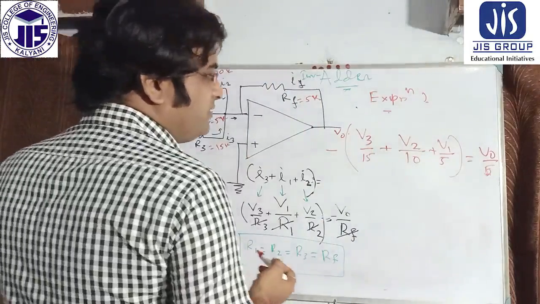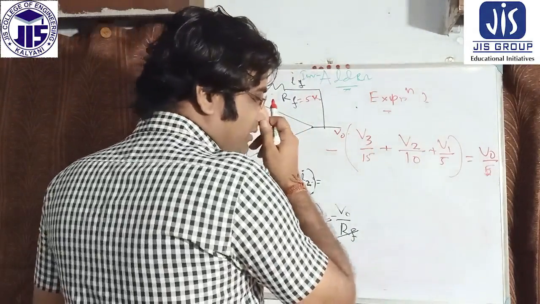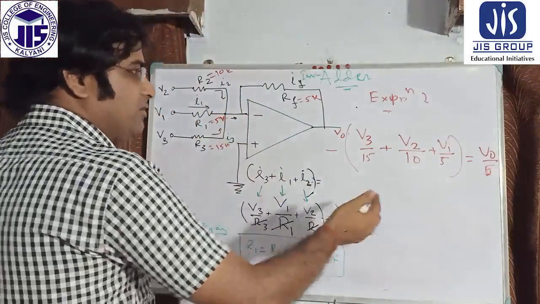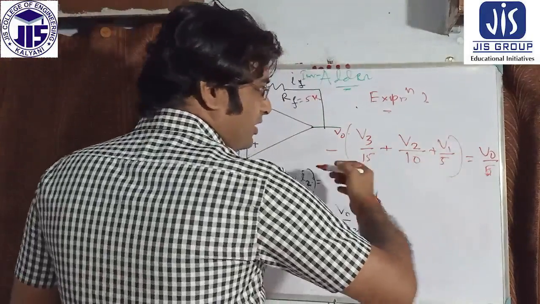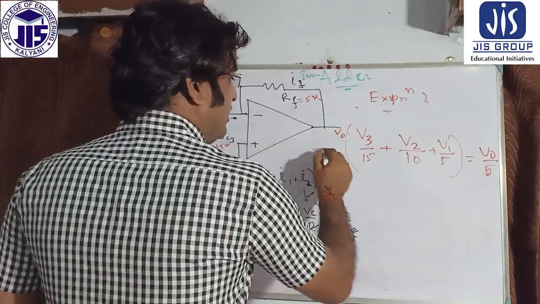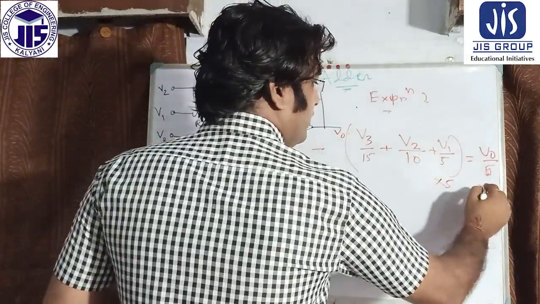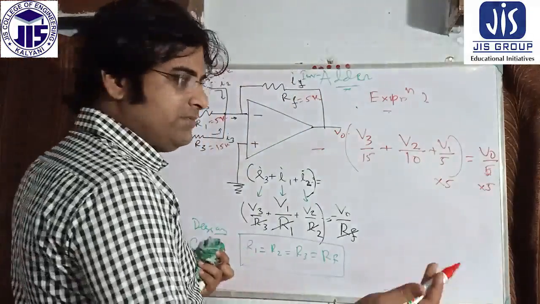Okay, I am just multiplying with 5 on both sides, multiplying with 5 for our simplicity.